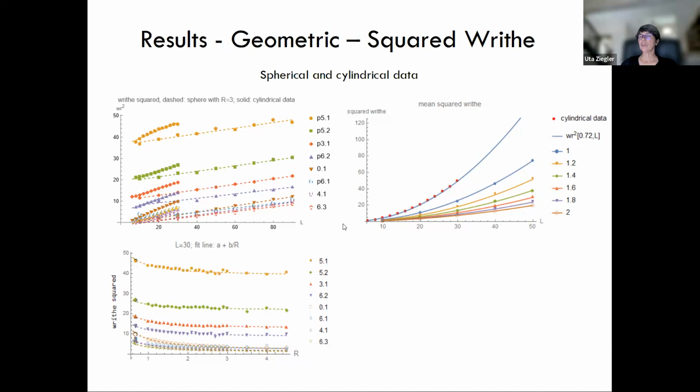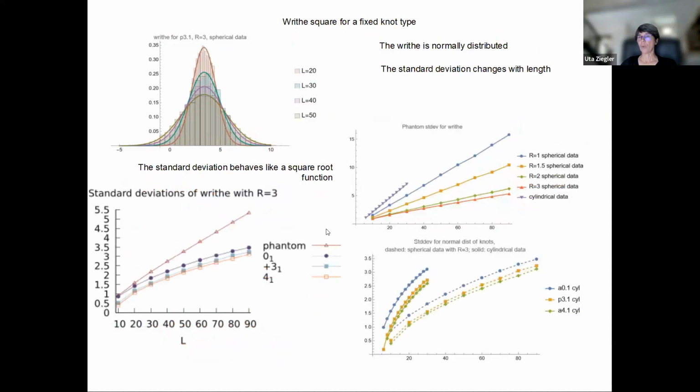And when we do the same thing as last time, looking at the standard deviation, then this red line we had earlier is this red line for radius of confinement 3. This is for 2, 1.5, and 1. And this line here is the standard deviation of the phantom for the cylindrical model.